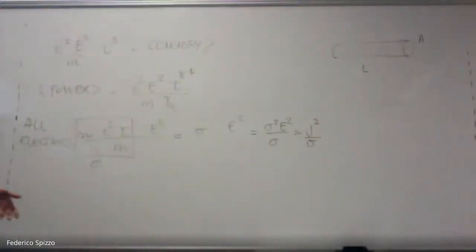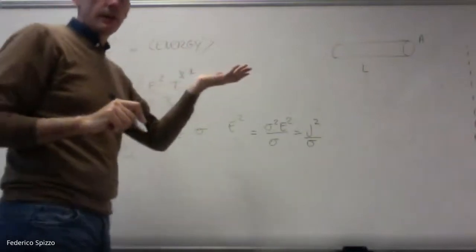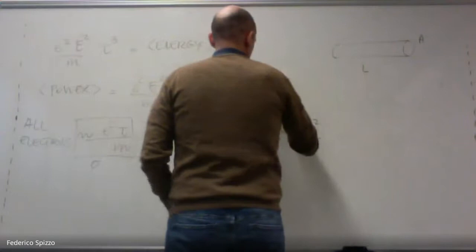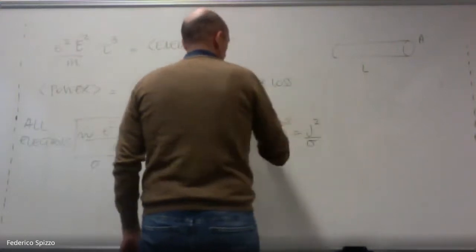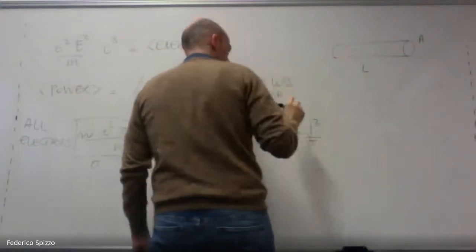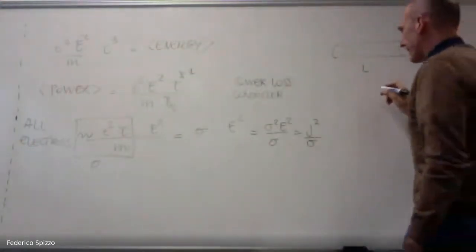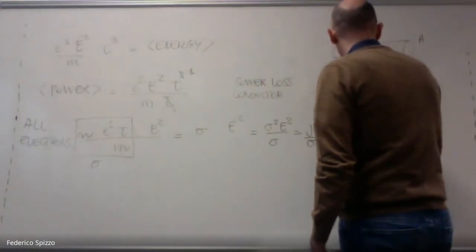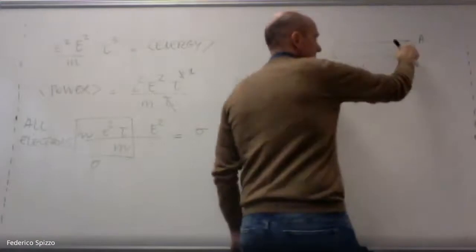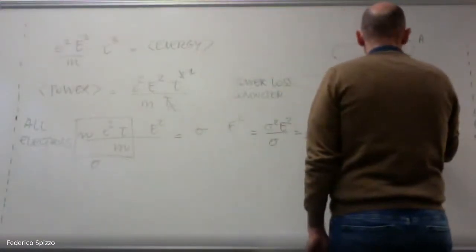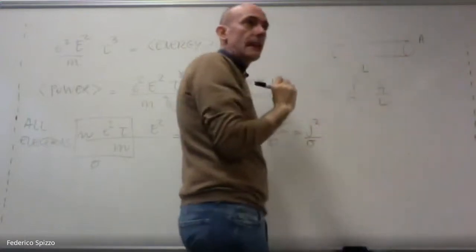And this is again the power loss per unit volume. If we now multiply by the volume, so the power loss for the conductor, we have J squared divided by sigma times the area of the conductor times the length.